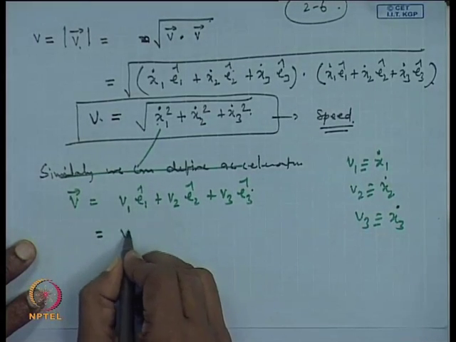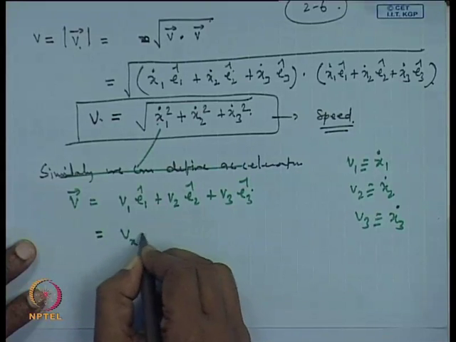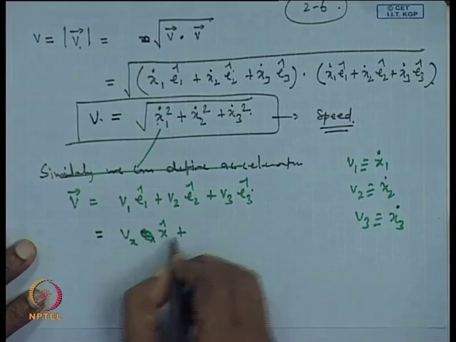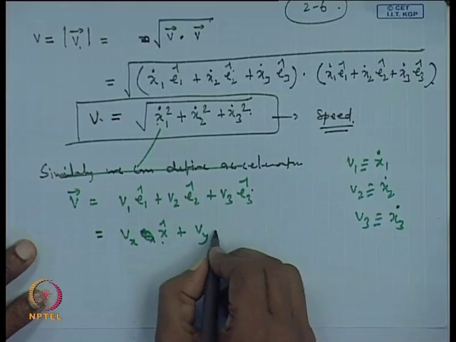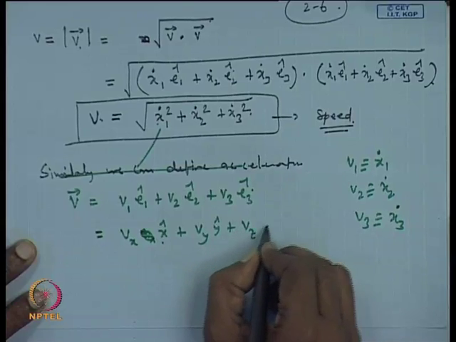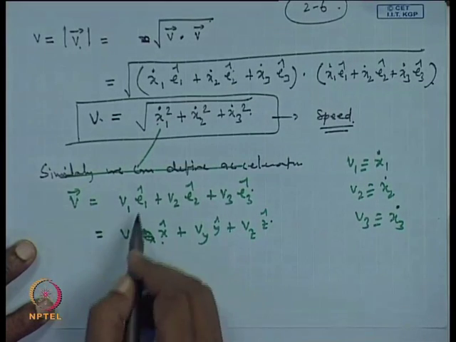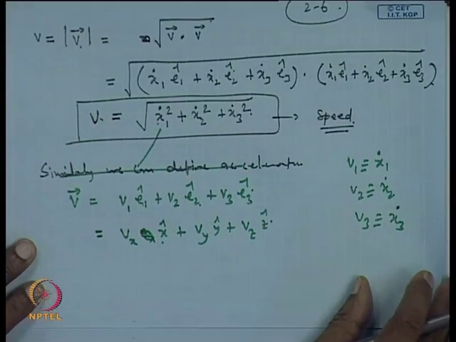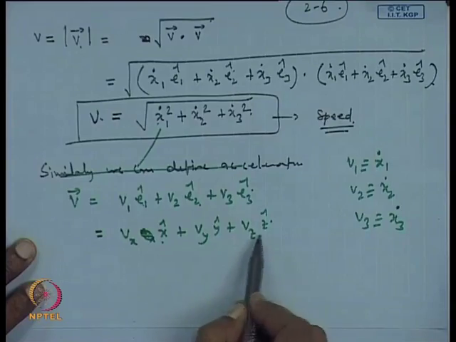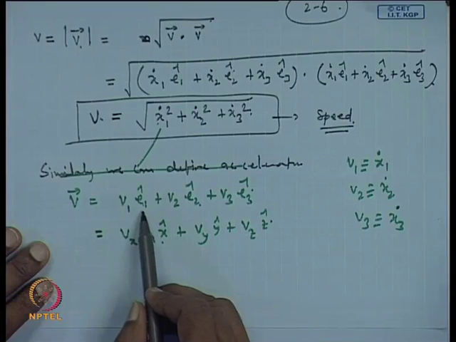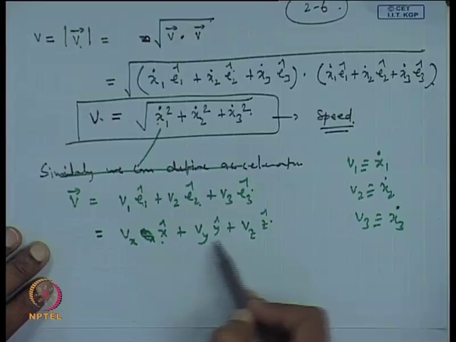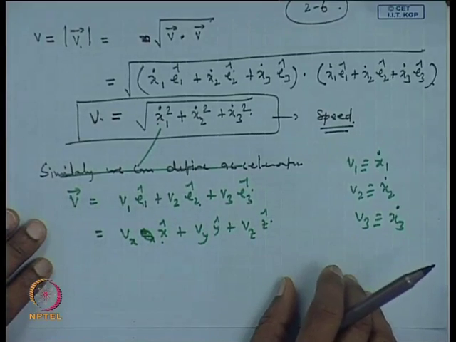Or if you are writing in terms of x, you can write this as V x times x cap, the unit vector in x direction, V y times y cap, and V z times z cap. Actually, this E 1, E 2 and E 3 cap that I am writing here is a more generalized notation for representing a vector, while x cap, y cap and z cap is a little restricted in sense. So, even for a curvilinear coordinate we can proceed with the E 1, E 2 and E 3 cap, while x, y and z is mostly restricted to the Cartesian coordinates.